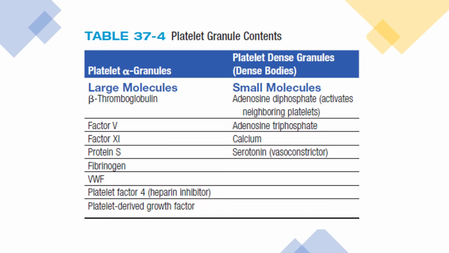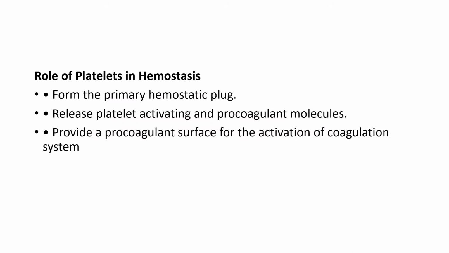This is more or less a summary table for the substances that are found in the granules of the platelets: the alpha granules, which release large molecules, and the dense granules, which release small molecules.